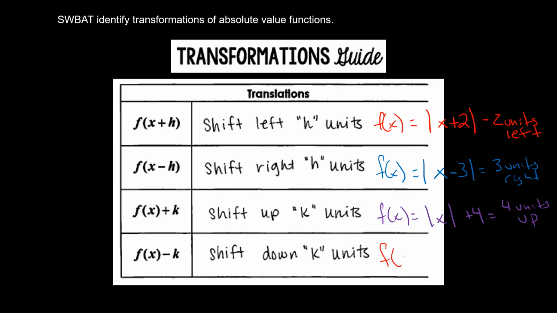And on the last one, if I see something like the absolute value of x minus 5, we would see that the minus 5 is on the outside of the absolute value, so that's going to be 5 units down. Okay, so the up and down students do pretty well, and I know you guys will do well with this as well. Just remember the shifts left or right are usually the opposite of what you see inside the absolute value. So a plus 2 would be 2 units to the left, while a minus 3 would be 3 units to the right.